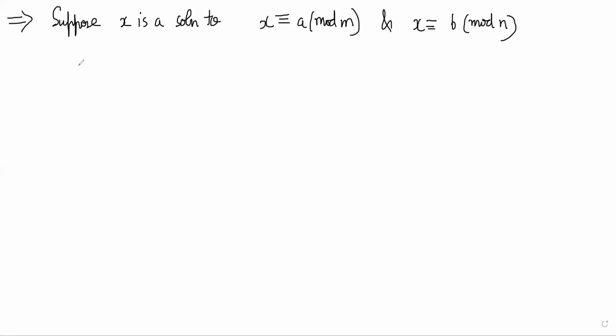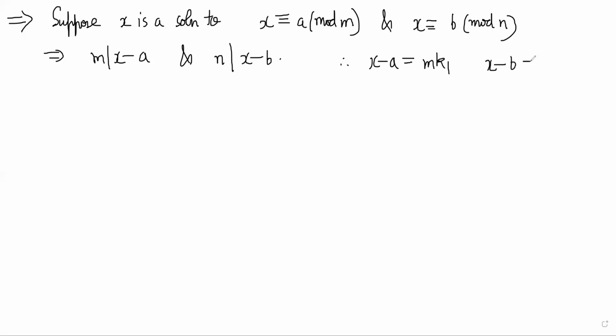Here what we know is, if x is a solution, this implies m divides x minus a and n divides x minus b, right? Therefore, x minus a can be written as m times k1 and x minus b can be written as n times k2, where k1 and k2 are integers.